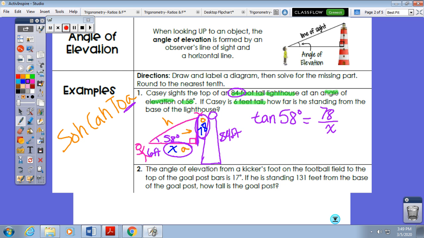Cross multiply and solve. I get x times tan of 58 is equal to 78. Divide both sides by tan of 58. Then x is going to equal 48.7 feet. So he's standing 48.7 feet from the lighthouse.